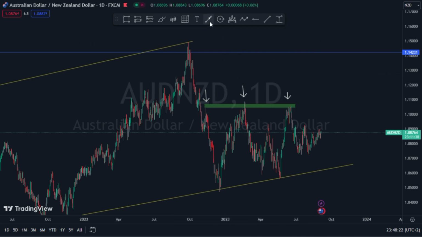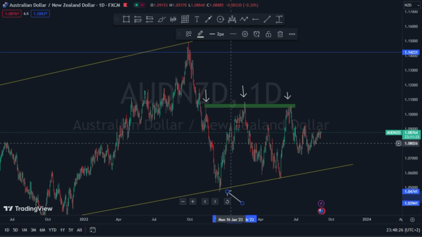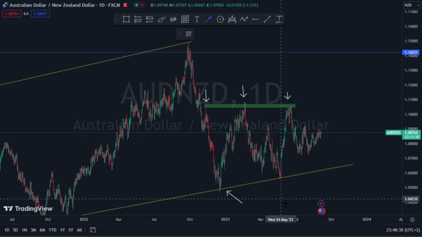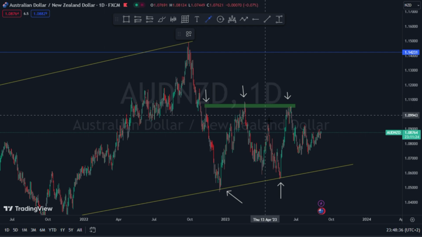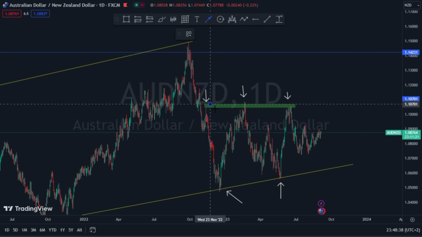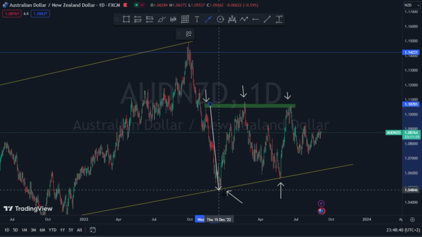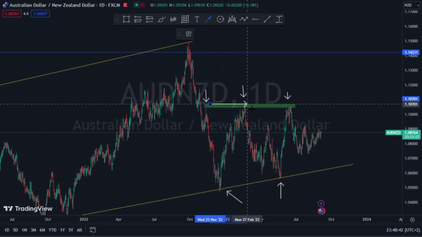And on the lower level of this market, we have that first level right there, and then that second level right there. If we are being honest about this market, what are we expecting next? Because the market moved from here to here, and then from here the market went back up, right?